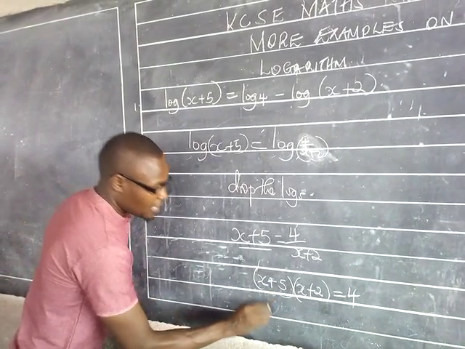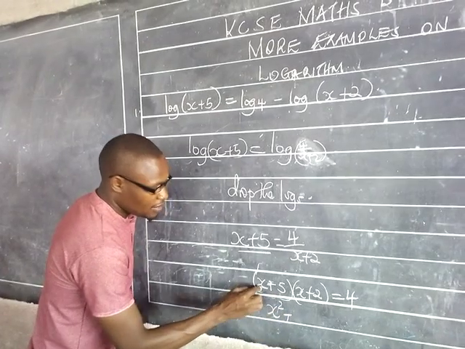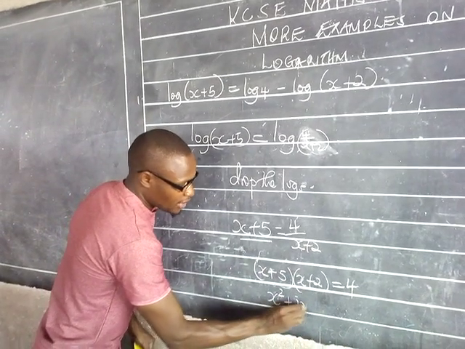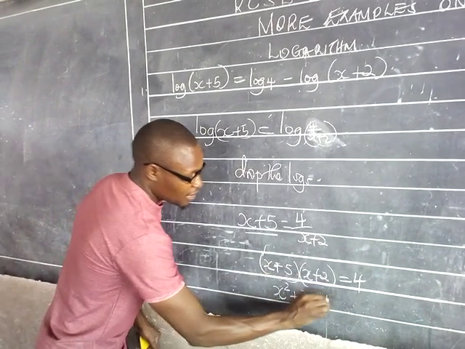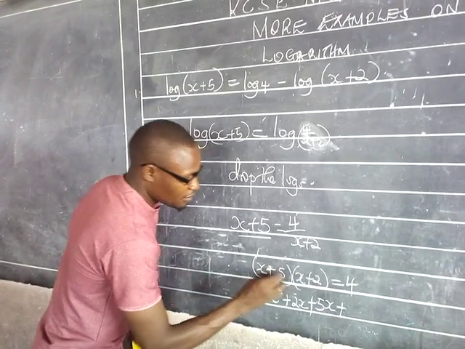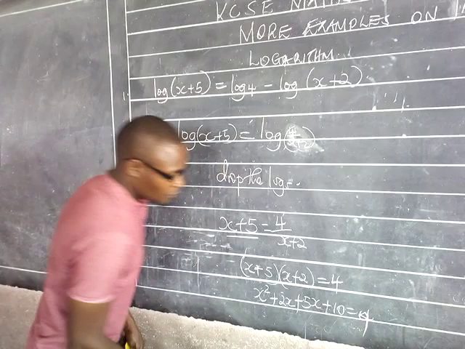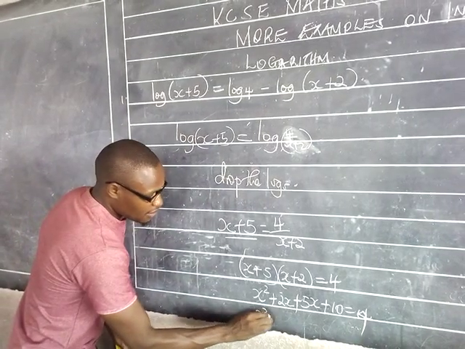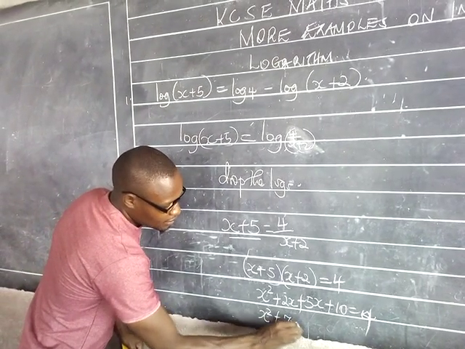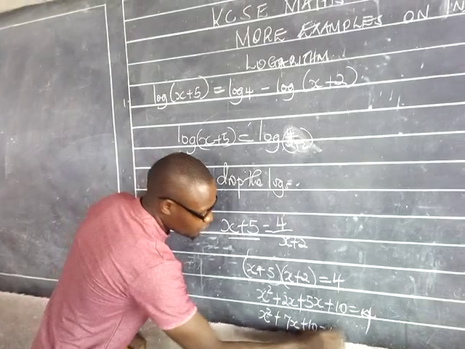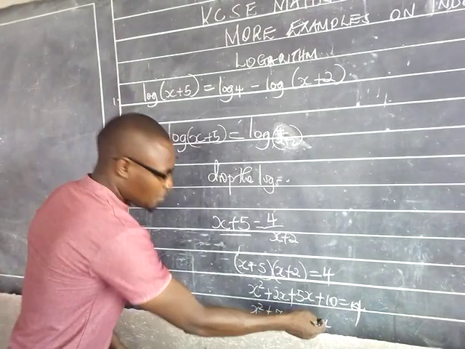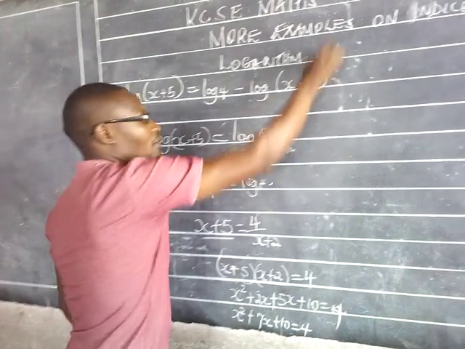So x times x will be x squared, plus x times 2 will be 2x, plus 5 times x will be 5x, plus 5 times 2 will be 10, is equals to 4. So this will be x squared plus 7x plus 10 is equals to 4. Then I bring this one to this other side, that is collecting the like terms.